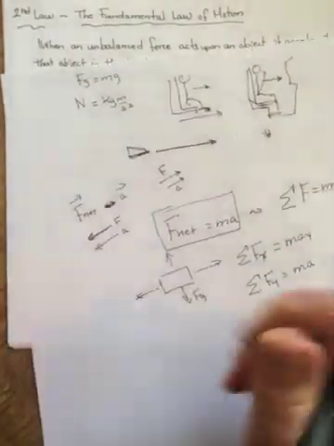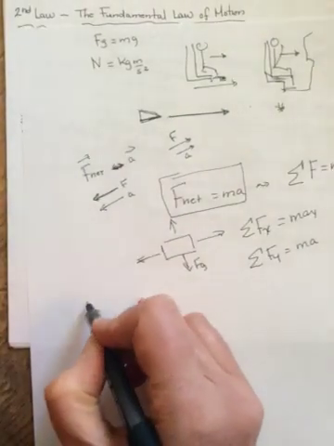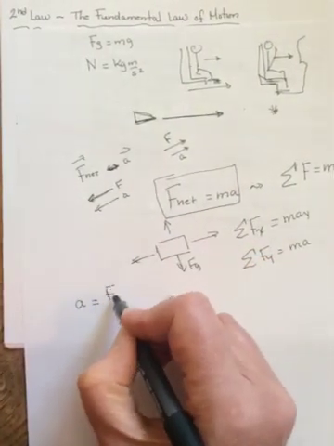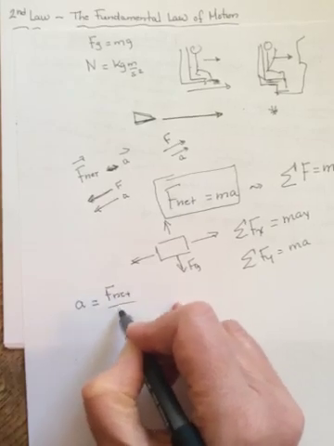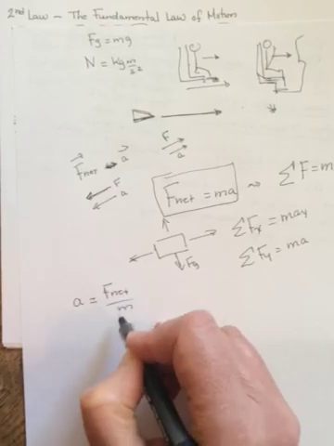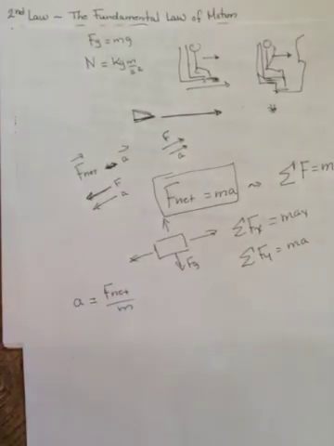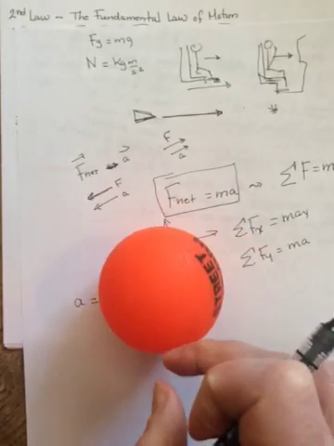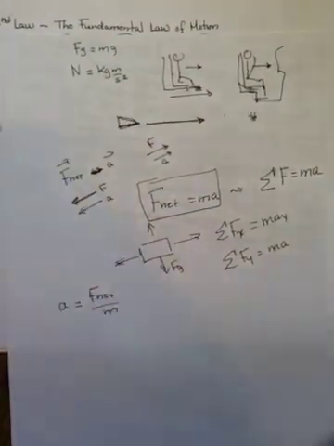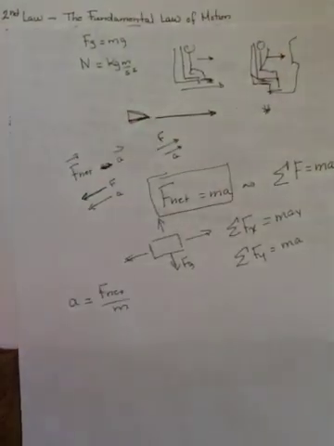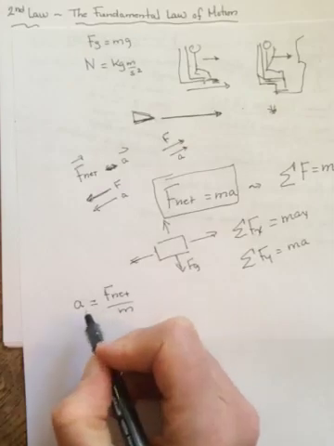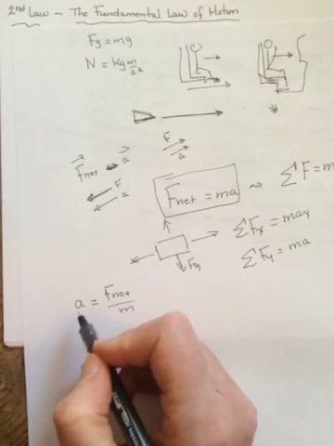The other thing that's interesting to note is that if we rearrange the equation for acceleration, it's F net divided by m. So what it's saying is the bigger the mass of the object, the less the object will accelerate. If we go back to the ball that I put a tiny little force on, or the textbook that I put the same tiny little force on, then obviously the mass of the textbook is much bigger, and so the acceleration is going to be much smaller.